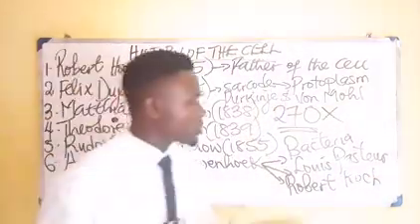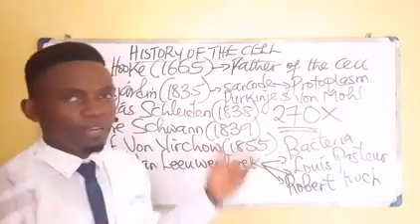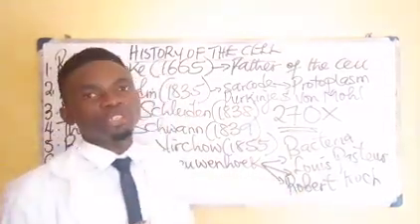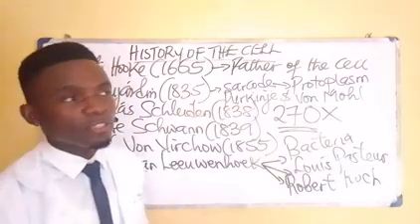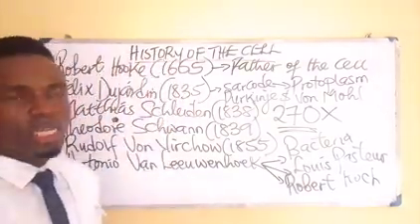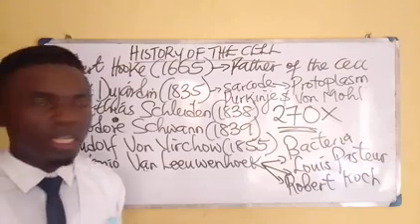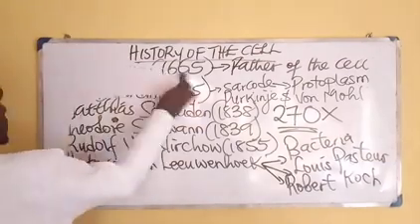So Robert Koch worked on microorganisms, the principles, the prevention, and all that. Louis Pasteur discovered bacteriology, the study of bacteria. Bacteria were discovered by Antonio van Leeuwenhoek. Very, very important. So this is the history of the cell. Hope that is clear. Now, from there, we'll move on to the cell theory.